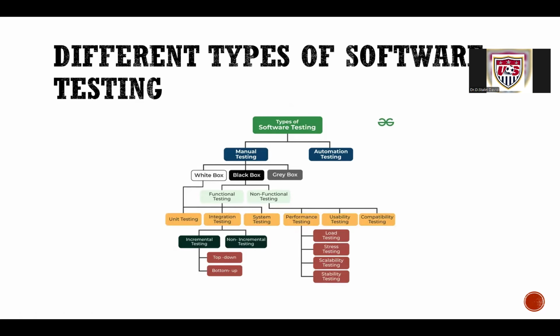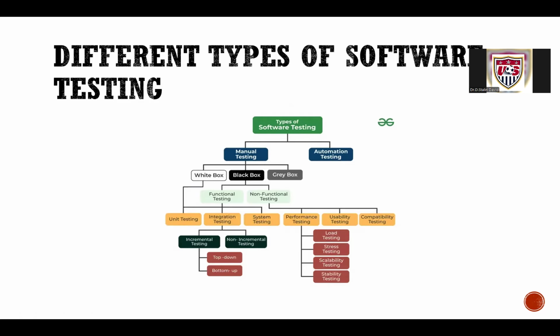There are two types: manual and automation. Under manual testing, white box, black box, and gray box testing are available. Under white box, unit testing, integration, and system testing come under white box testing, and non-functional testing, performance, usability, and compatibility testing come under non-functional testing.